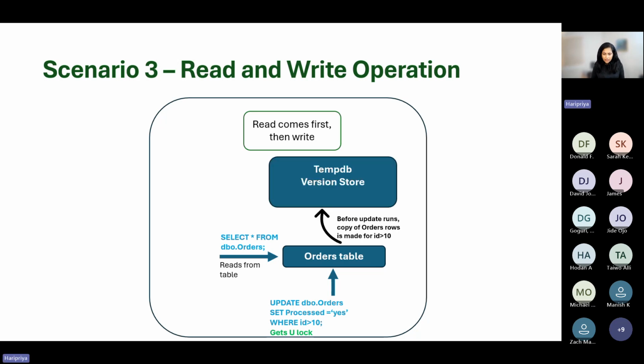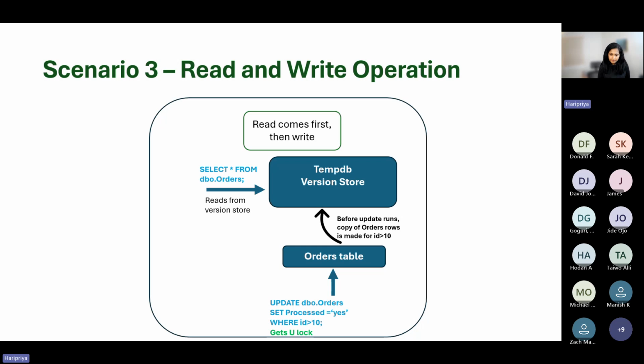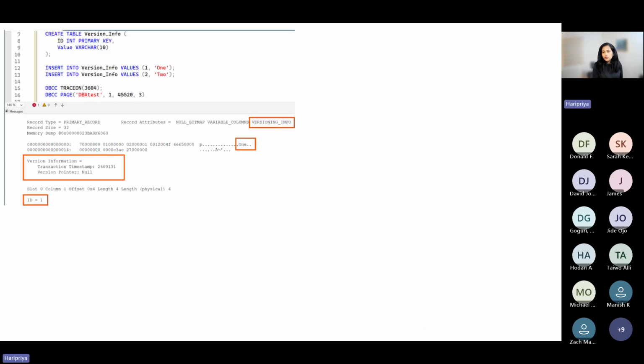When the update comes in, for those rows, a copy will be made to the version store. Now the select will immediately go to the version store to read those rows without getting blocked. All right. So that is the key difference between the default isolation level and this read committed snapshot isolation level. So you will have no read versus write blocking.